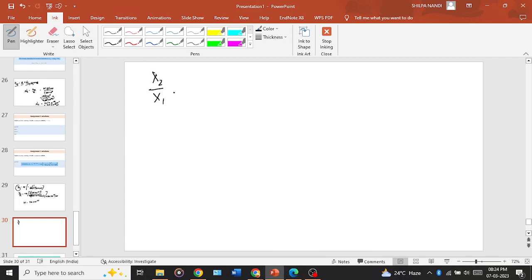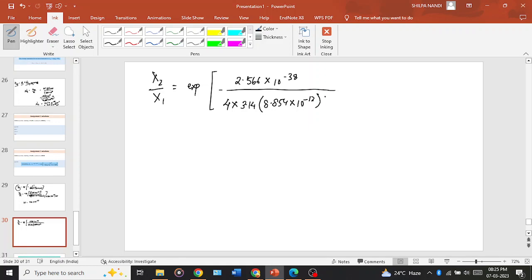So x2 by x1 is equal to exponent. When you square 1.609 into 10 power minus 19, the final value will come as 2.566 multiplied by 10 power minus 38. So this is minus here. Then it will come as 4 pi, that is 3.14, multiplied by 8.854, 10 power minus 12, 32.6, 0.276 multiplied by 10 power minus 9, and lastly it is 4.12 into 10 power minus 21.